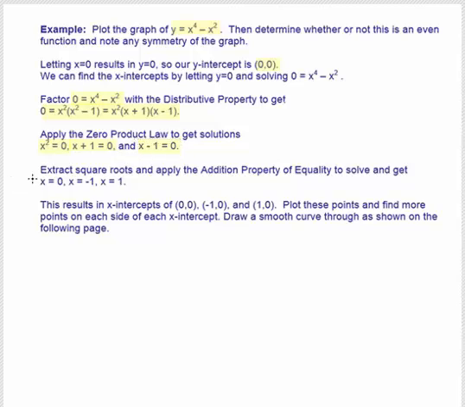That gives us three solutions: x equals 0, x equal negative 1, and x equal 1. These are the values of x when y is 0. So the intercepts we have are (0, 0), (negative 1, 0), and (1, 0).